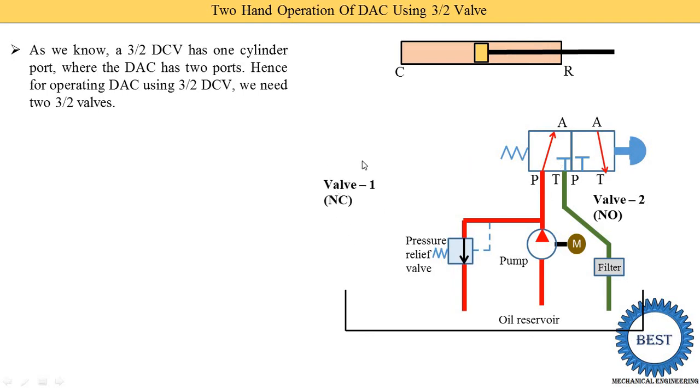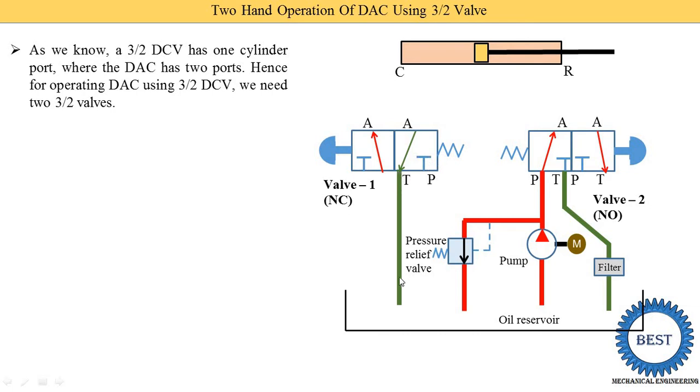Now another is valve 1, which is normally closed. It means when the operator does not press the switch of the directional control valve, the pressure port is closed. It is called normally closed. Now here you see this is valve 1, that is normally closed. In the first position the port P is closed. The T port is connected with the reservoir, meaning the normally closed valve takes the oil from the double acting cylinder and supplies it to the tank.